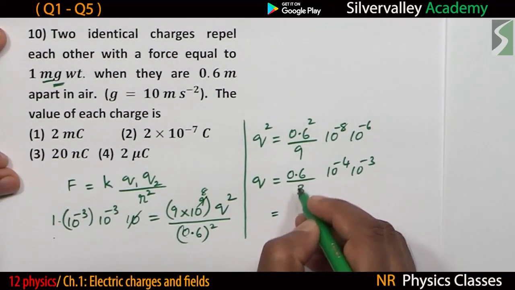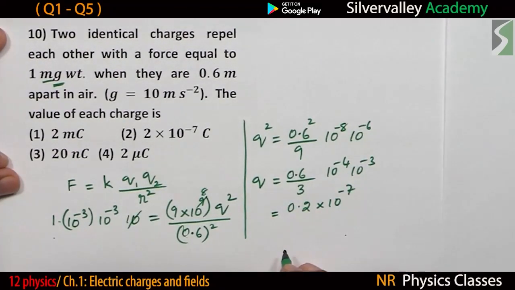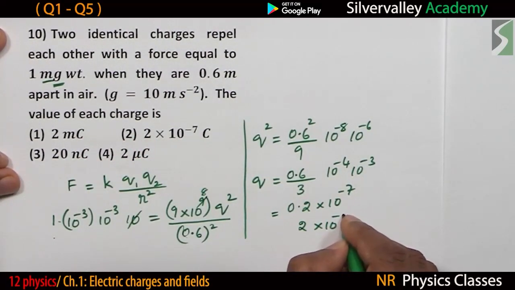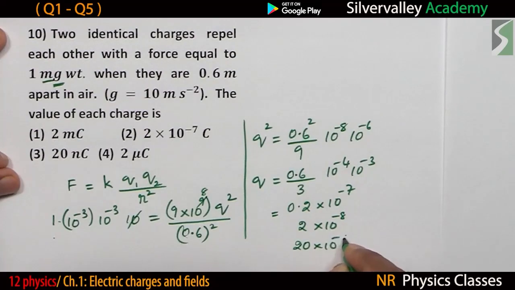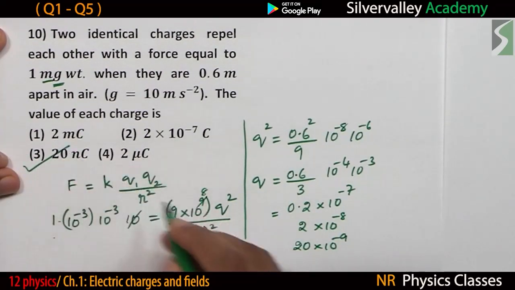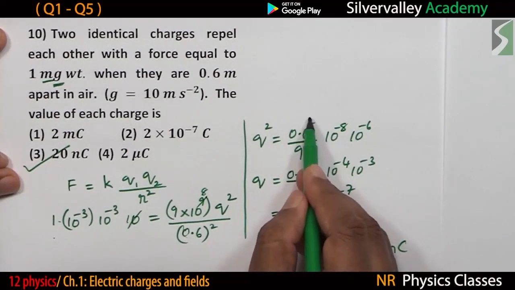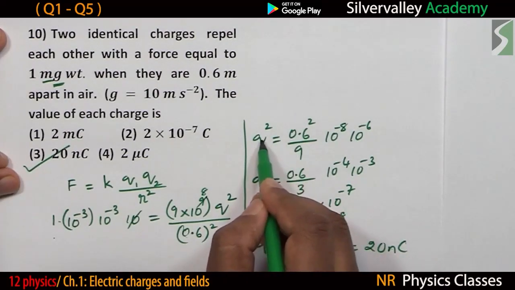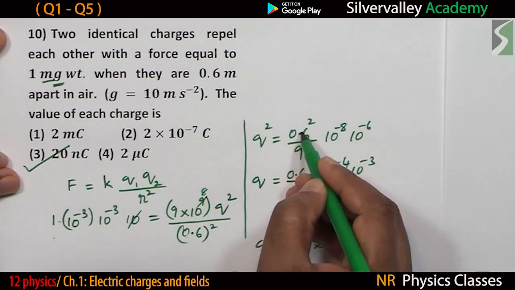So 0.2 into 10 power minus 7, that is 2 into 10 power minus 8, 20 into 10 power minus 9. 10 power minus 9 is nano, isn't it? So 20 nano coulomb. Students, observe, you don't have to simplify this, because anyway you know that we have to take the square root. Since we have to take the square root, it should be 0.6 square. If it is 0.6 square, it is easy to simplify.